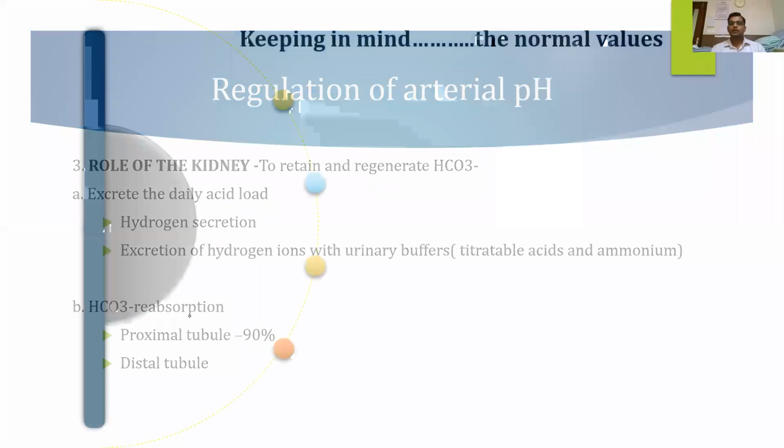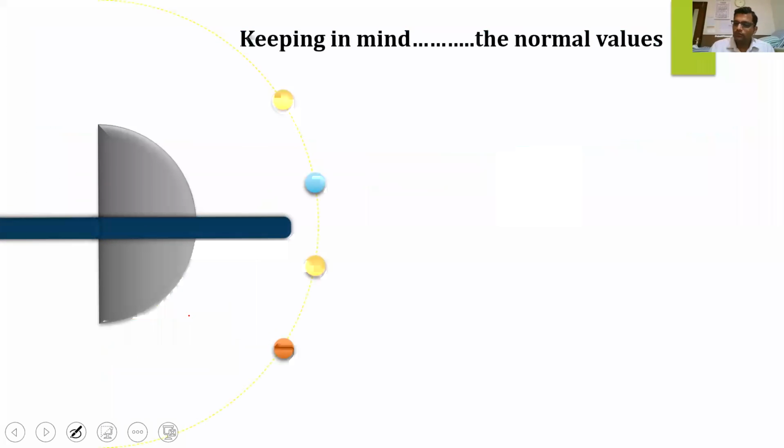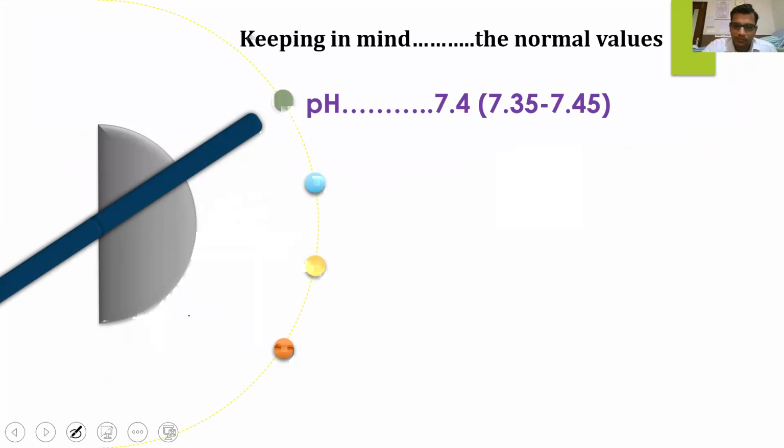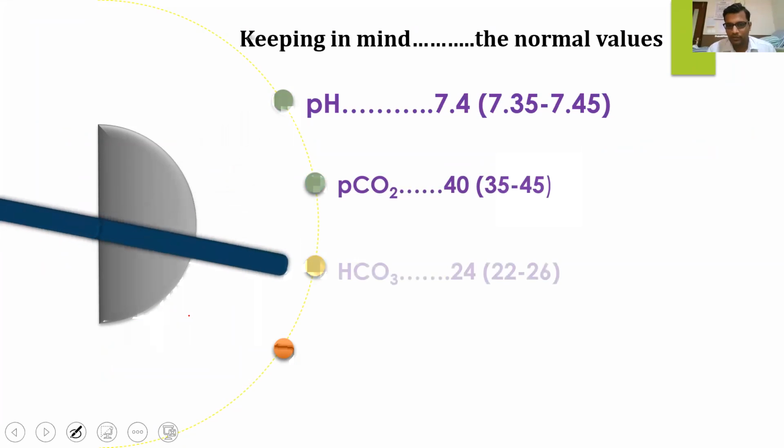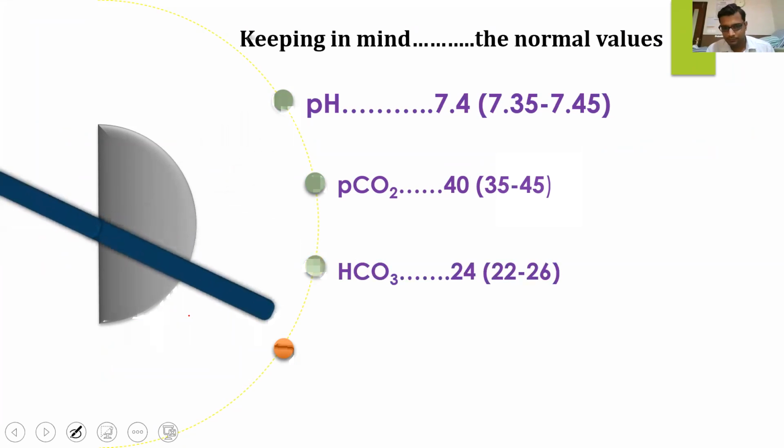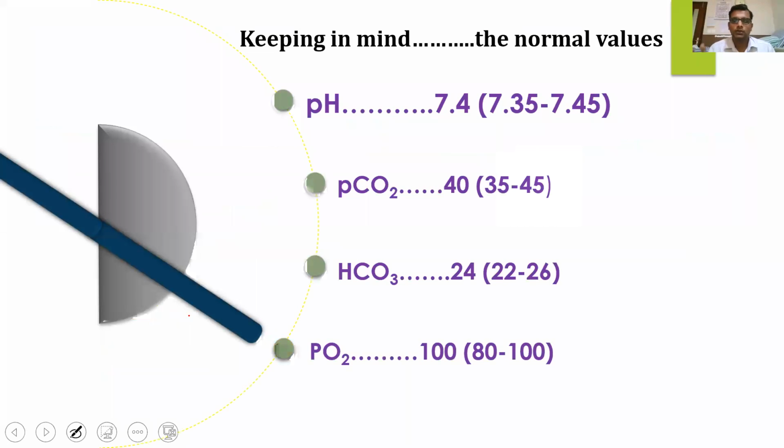What are the normal values? The pH ranges from 7.35 to 7.45, but the optimal value is 7.4. PCO2 is 40, and can range from 35 to 45. Bicarb is 24, and can range from 22 to 26. And PO2 is optimally between 80 to 100.